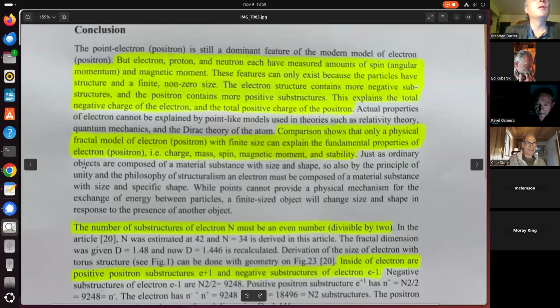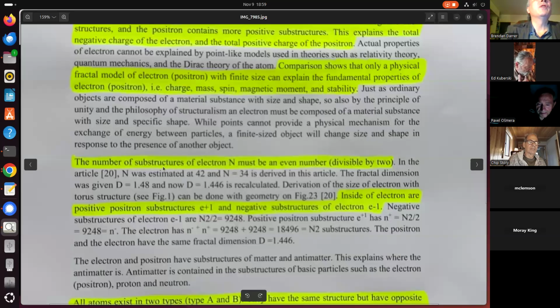Just as ordinary objects are composed of material substance with size and shape, so also, by the principle of unity and the philosophy of structuralism, an electron must be composed of a material substance with size and specific shape. While points cannot provide a physical mechanism for the exchange of energy between particles, a finite size object will change size and shape in response to the presence of another object.